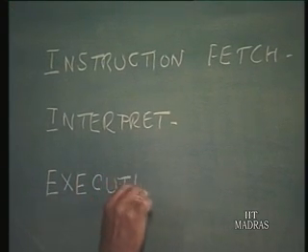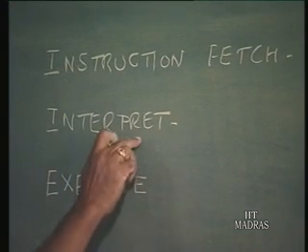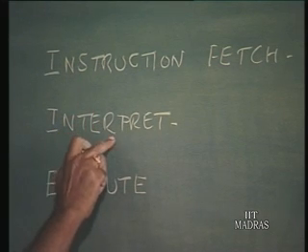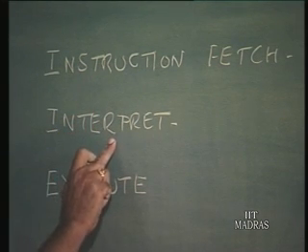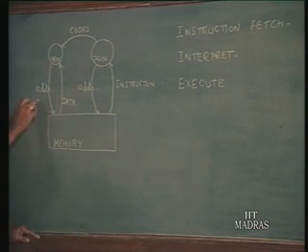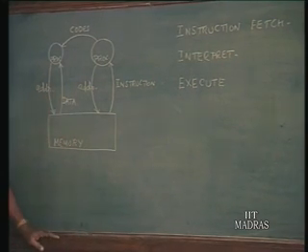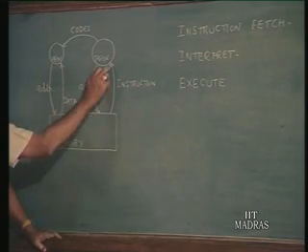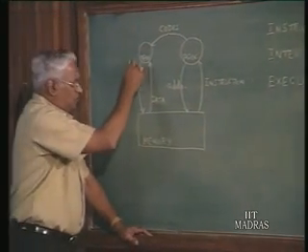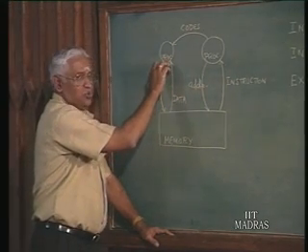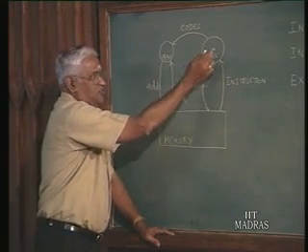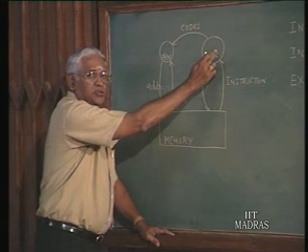If necessary, after it interprets the instruction, it may fetch the data also, that is the operand fetch, and that is what we are seeing here. So, it fetches an instruction, and internally it would tell what else it wants, say fetching the data and so on. After the processor has everything, from the instruction it knows what is the operation to be done.